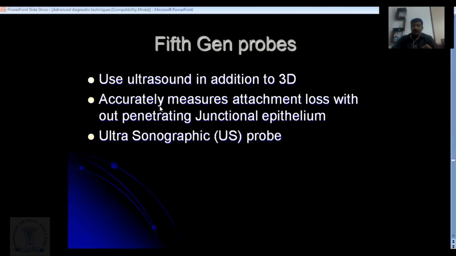Why there is probing disparity, what properties an ideal periodontal probe should have, and what the different generations of periodontal probe are. Now, advanced diagnostic aids is a chapter from which a lot of viva questions come, right? And probes is a definite short note for you. Perio temp is a short note for you. Okay.